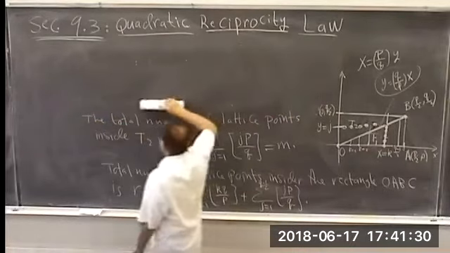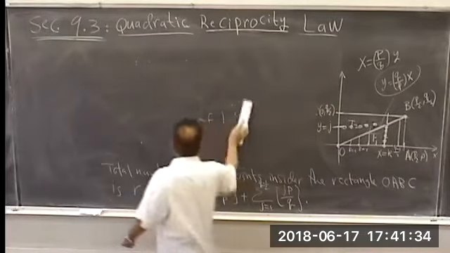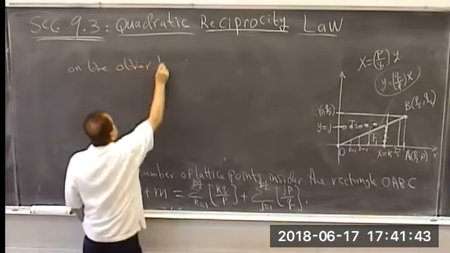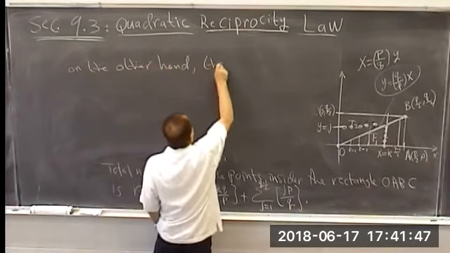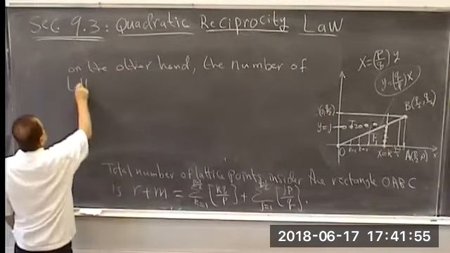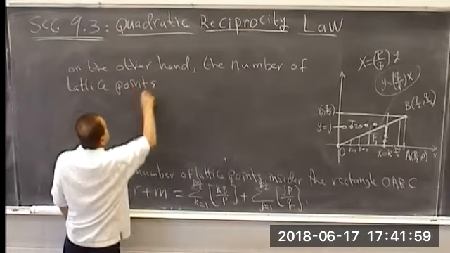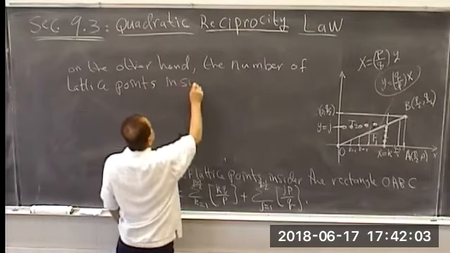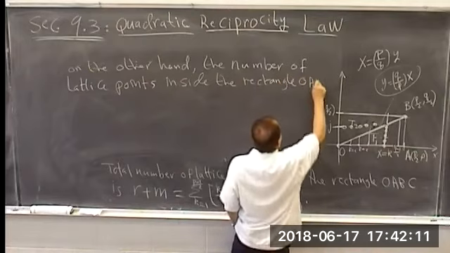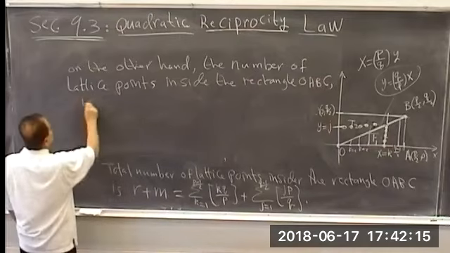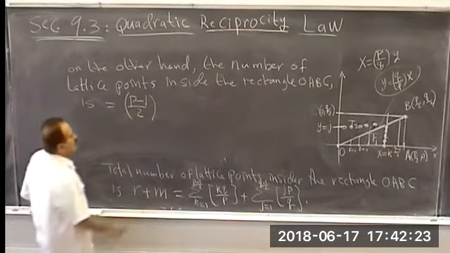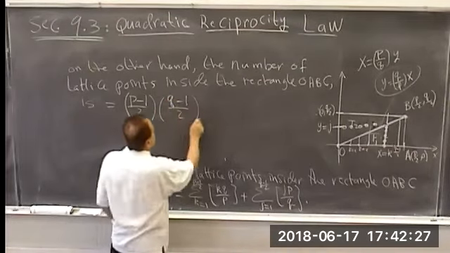On the other hand, using a different counting, the number of lattice points inside the rectangle OABC is equal to (P minus 1)/2, that's the number of integers along the x-axis, multiplied by (Q minus 1)/2, which is along the y-axis.